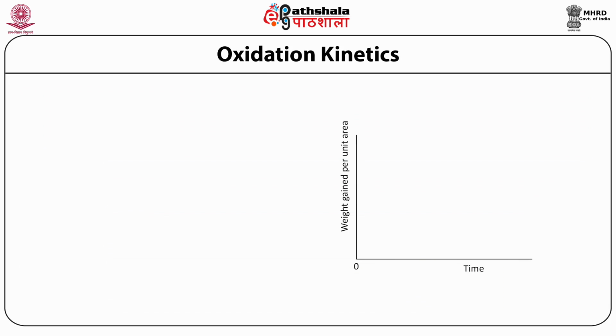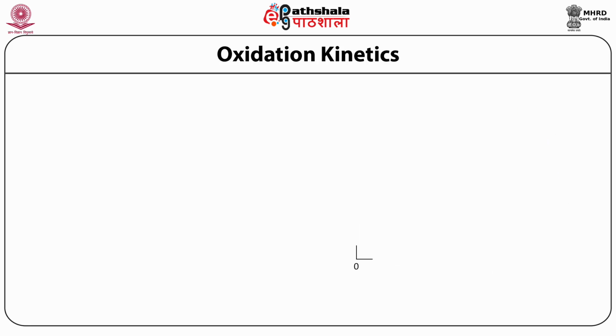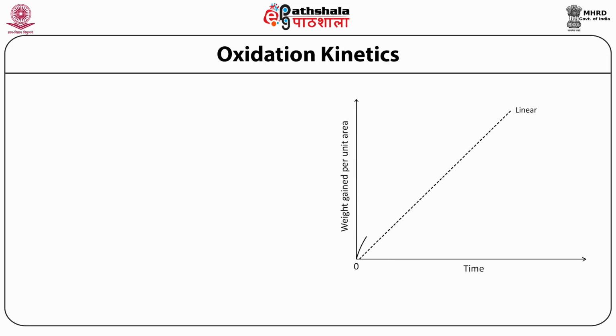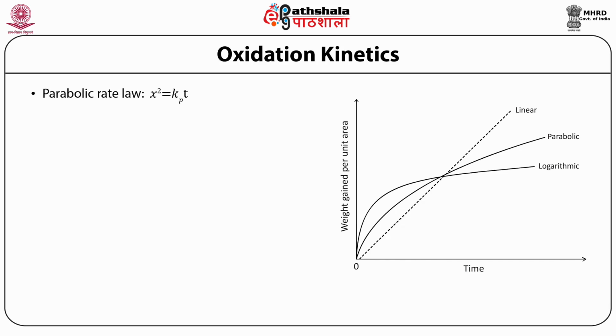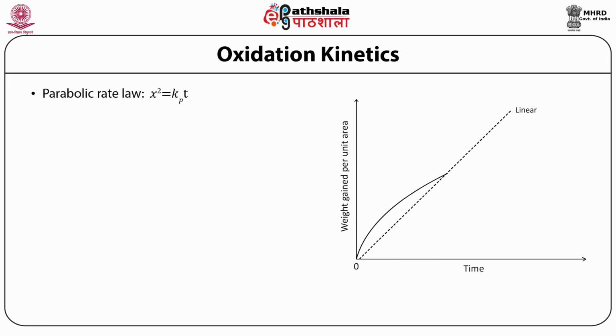Once the weight change data is collected as a function of time, it can be analyzed. Now continuing our discussion on the oxide kinetics, there are various laws governing the oxide kinetics. The first law which we will be discussing is the parabolic rate law. This is the most popular oxide growth law that is used to analyze mostly the weight gain data.